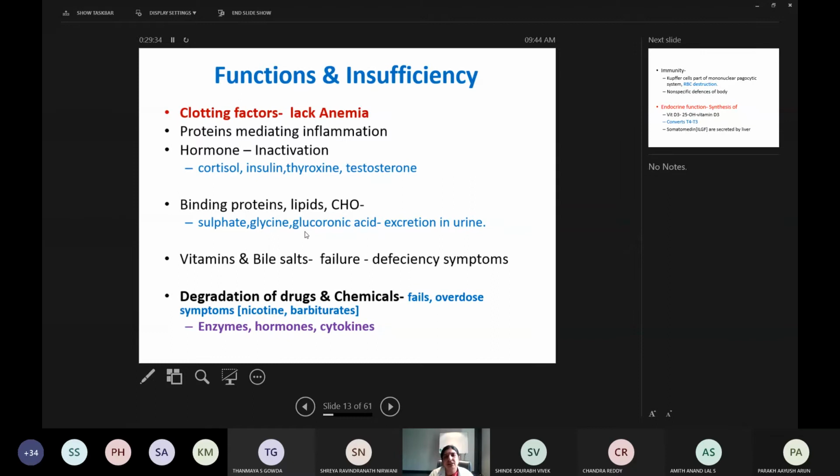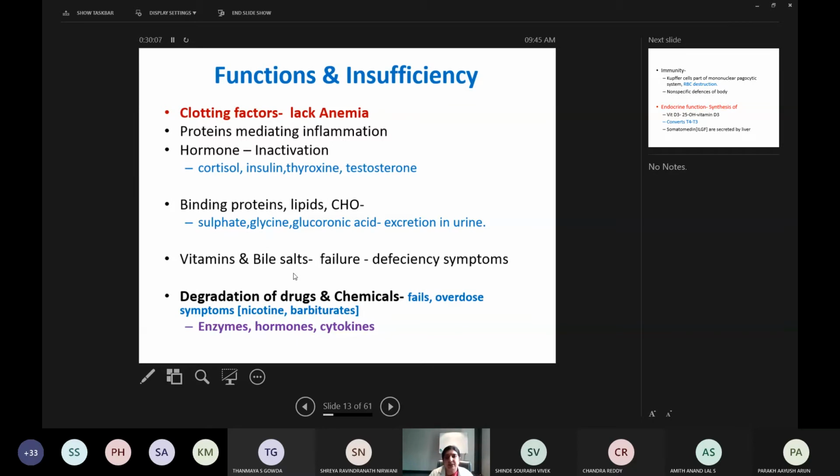If the synthesis of these conjugated proteins is reduced, then these excess will be increased, and excretion in the urine is found, right? Again, they will have many effects on the body, like excess of ammonia in the blood, excess of bile in the blood, or it may cause jaundice. So you have to correlate the functions of the liver with the clinical insufficiency.